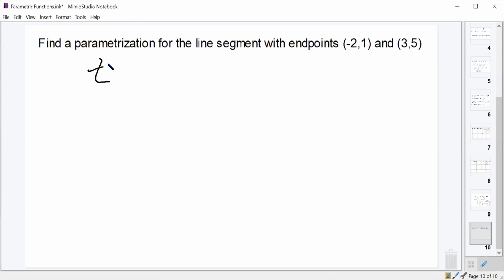How should I get started with this? Let's say at t equals 0. Anybody have a good idea on how to start? You guys still there? All right. So Molly, how'd you start?